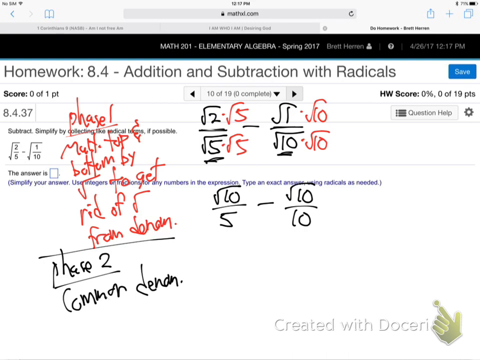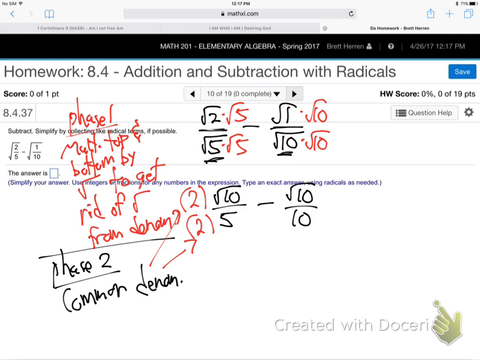So what number are you going to make them both? So multiply top and bottom of this one by 2, to make that denominator a 10 like the other denominator. Is that good? And I don't even need to mess with the second fraction.